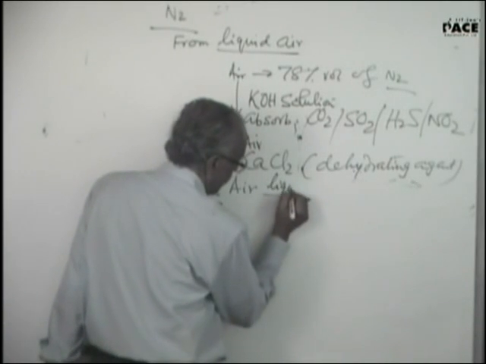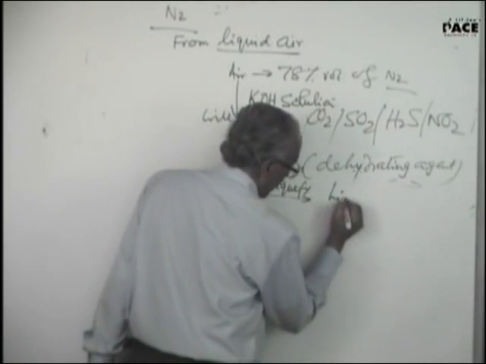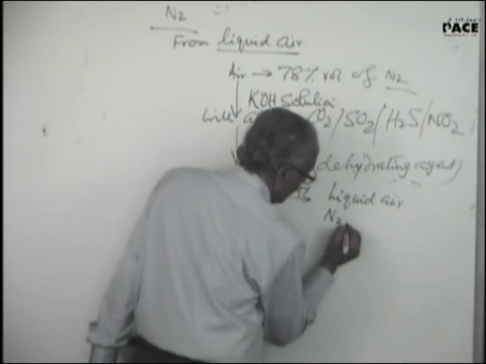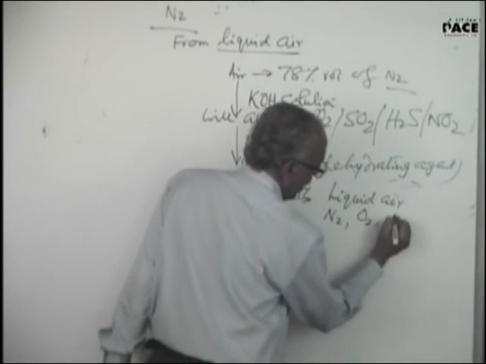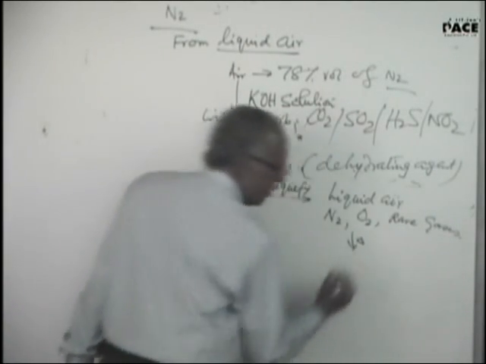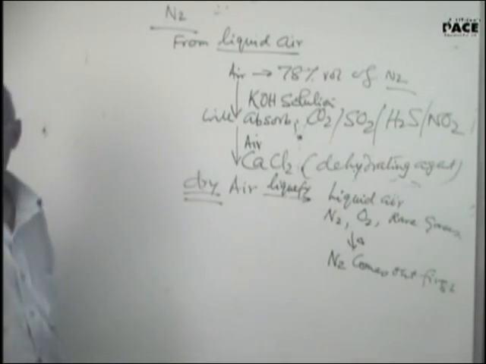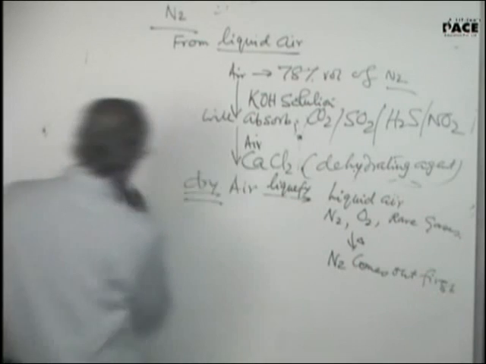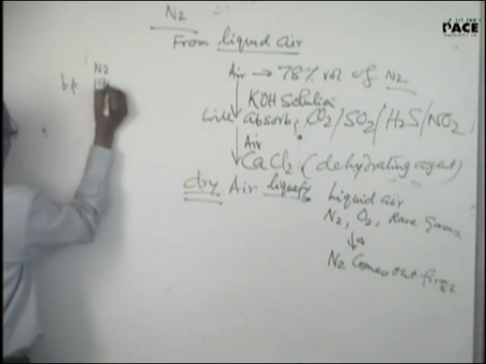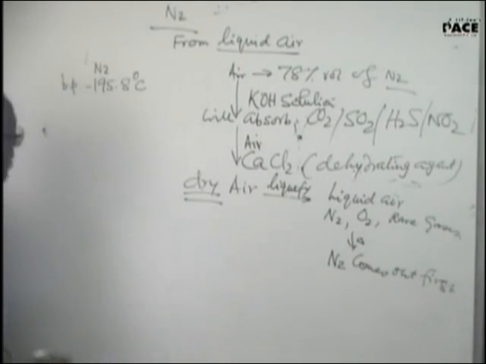So you get dry air; liquefy it. You get liquid air, and the liquid air contains nitrogen, oxygen, and rare gases. When you heat, the nitrogen comes out first because the boiling point of nitrogen is minus 195.8 degrees Celsius.